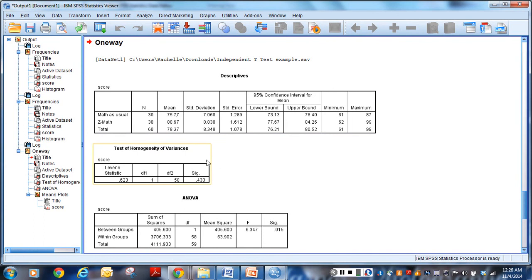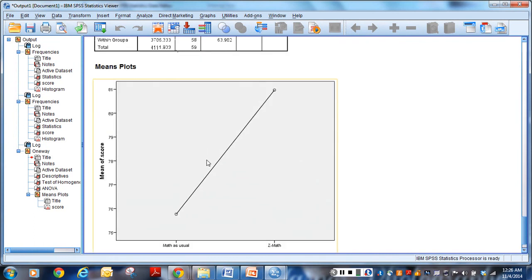If we scroll down, we have our means plot, and it shows that the students who had ZMath had higher scores. So on the basis of this mean, the first thought that might pop into your mind is, oh, that's great. That means that the ZMath program is effective, and this is a great program that the school has implemented.